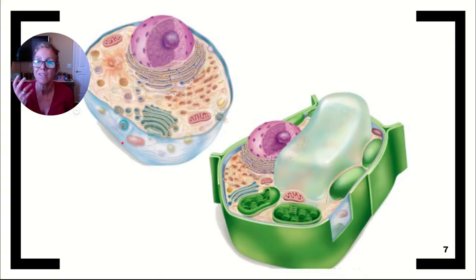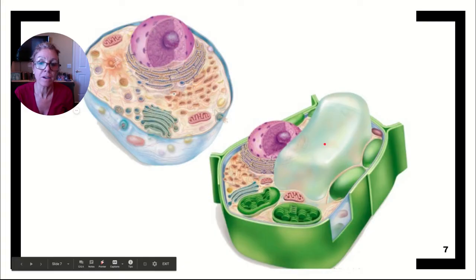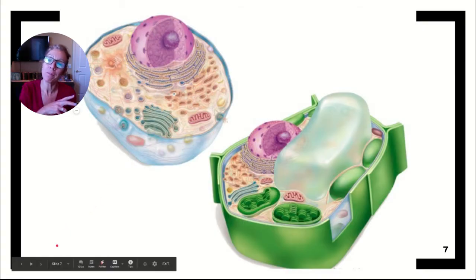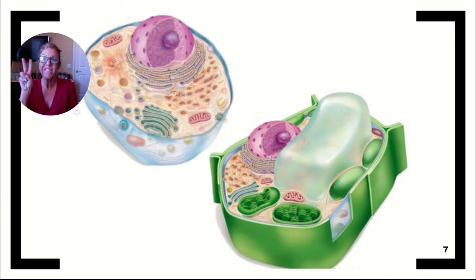So this is just a generalized plant cell. Now, I know you know what the powerhouse of the cell is, mitochondria, right? This mitochondria might be about the size of a prokaryotic cell that you would see. And we're going to be learning about all the parts of these eukaryotic cell organelles in video two.